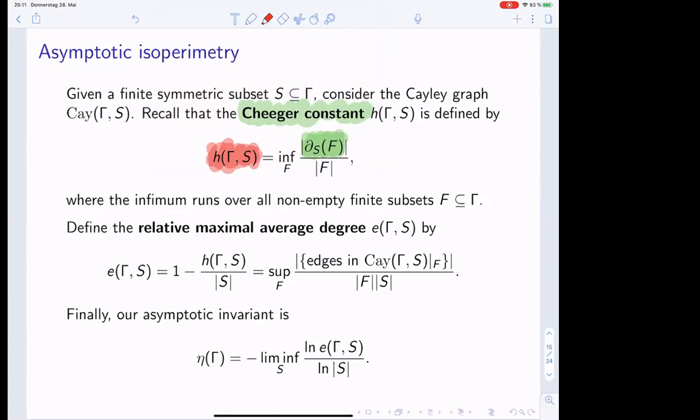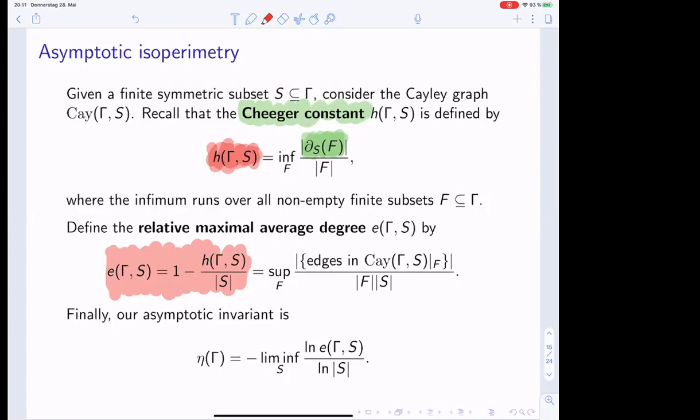And using the Cheeger constant, I'm defining another quantity, which I will call the relative maximal average degree. It's expressible in terms of the Cheeger constant, but it's also concretely defined in terms of numbers of edges.